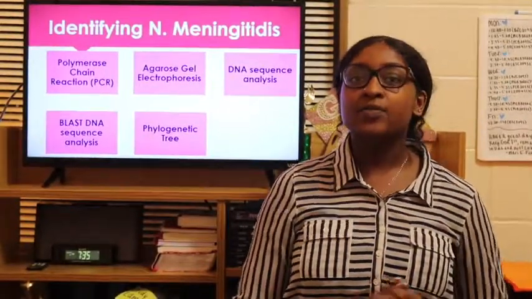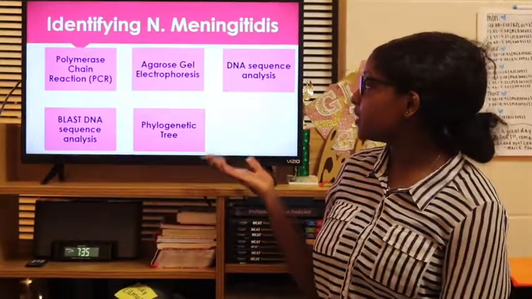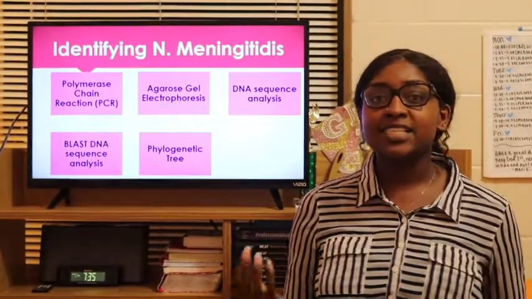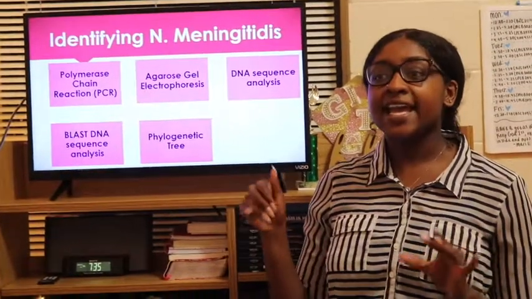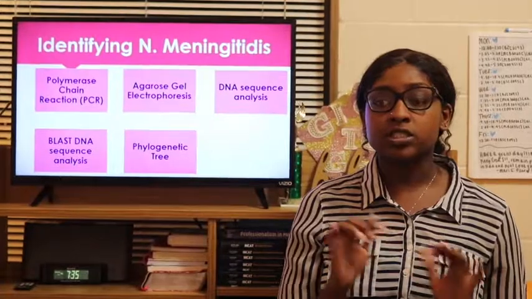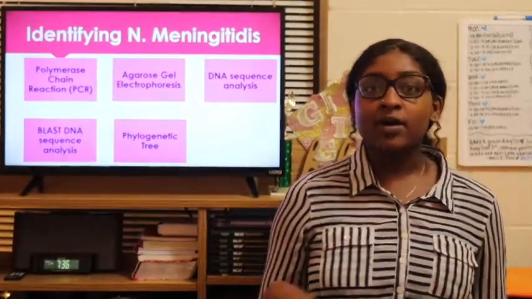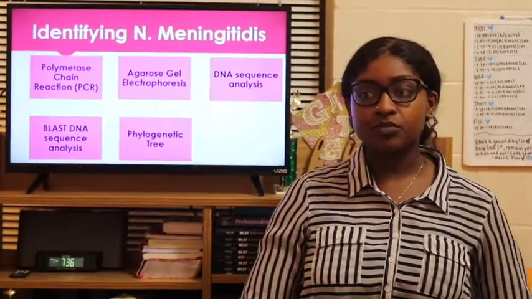After that, we submitted it for agarose gel electrophoresis. This is a technique used to help visualize the individual fragments. So we sent off our PCR results and dropped them into agarose gel, and later that night we were given our results.